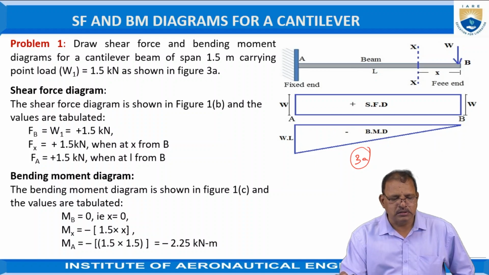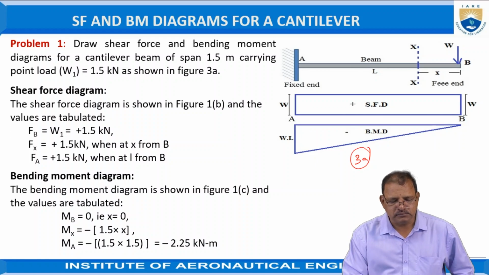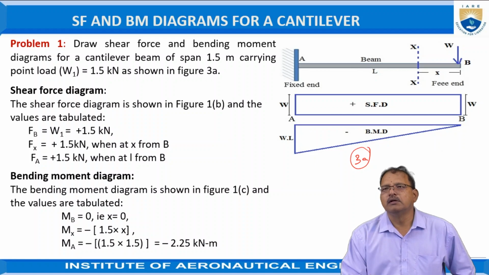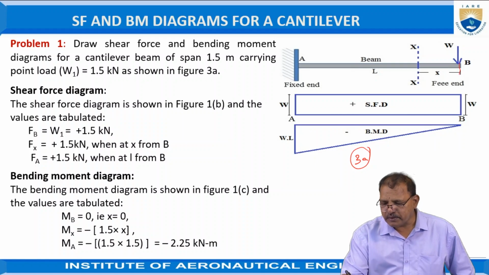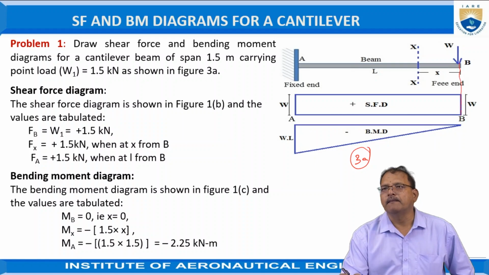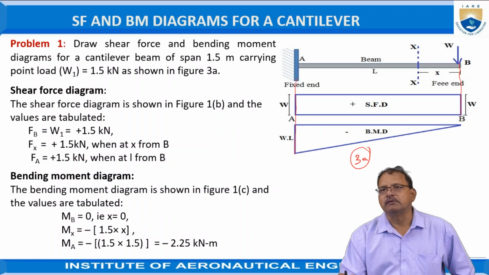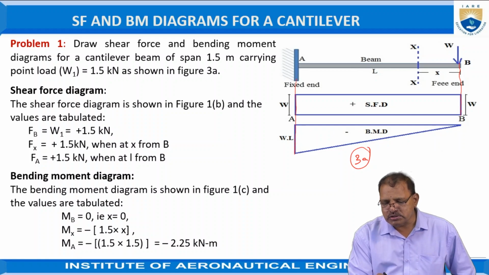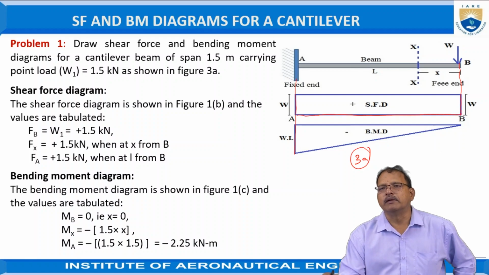It carries W1 equal to 1.5 kilonewtons at its free end. Now first draw the line passing through point B as well as point A. At a convenient distance, draw a line to represent the length of the beam.